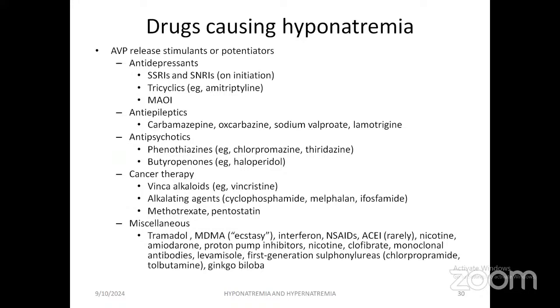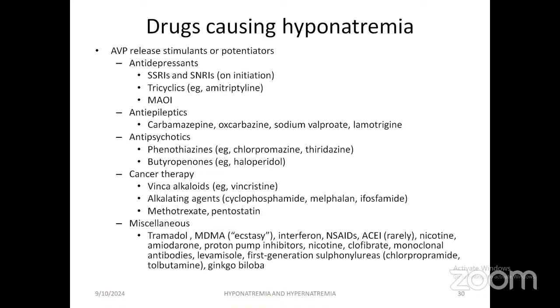Coming to drugs causing hyponatremia, the drugs that are AVP release stimulants or potentiators lead to hyponatremia. They are antidepressants like SSRIs, tricyclic antidepressants, and MAO inhibitors. In anti-epileptics, carbamazepine, oxcarbazepine, sodium valproate, and lamotrigine all can lead to hyponatremia.